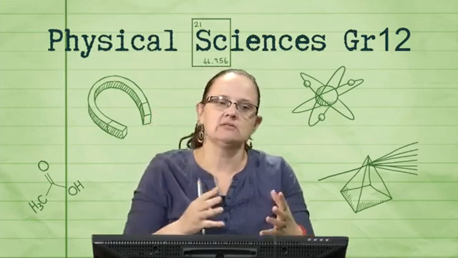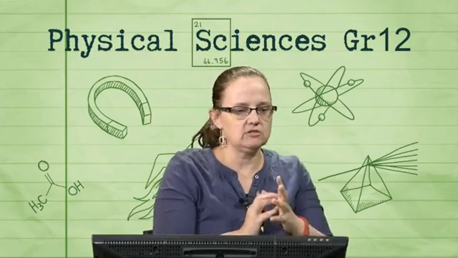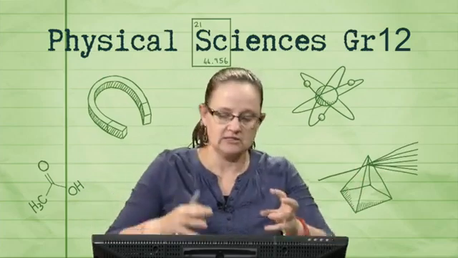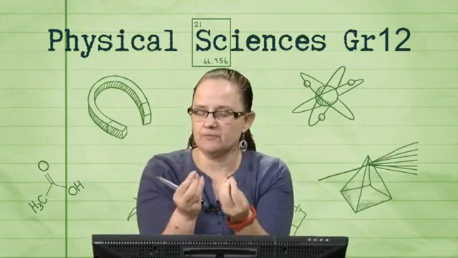So a trend is, if this changes in a certain way, then I'll get an increase or a decrease. If I increase mass, I get an increase in this. If I decrease mass, I get a decrease in this. Trend means relationship, okay?